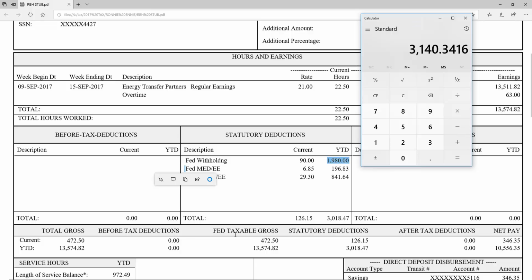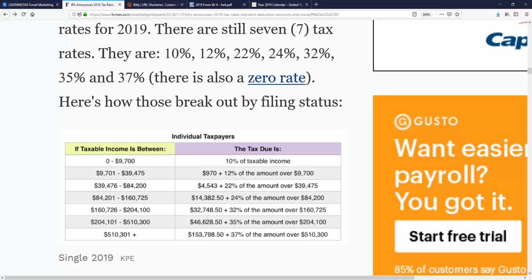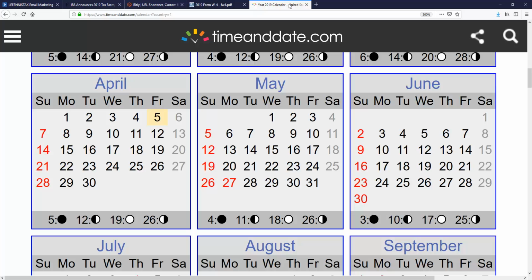Now what we need to do is figure out how many paychecks we have left in the year. To do that, we're going to go to our calendar. We're just going to simply count the number of paychecks we have remaining.